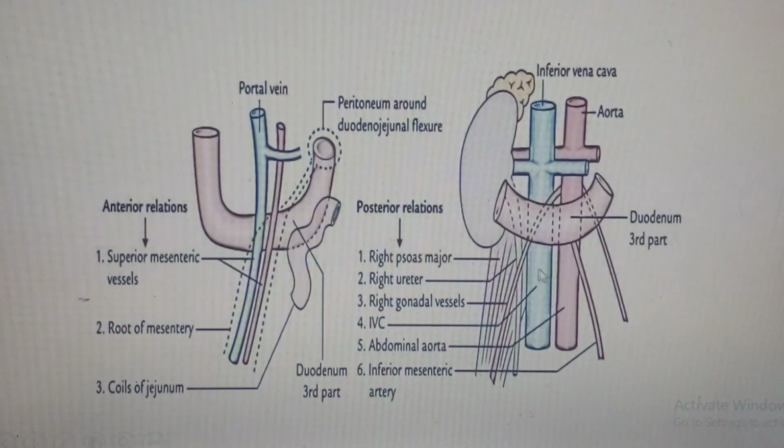Even apart from that, the inferior vena cava and the abdominal aorta are all behind, all retroperitoneal. Therefore, they will lie on them. And even apart from that, some portion of the inferior mesenteric artery.